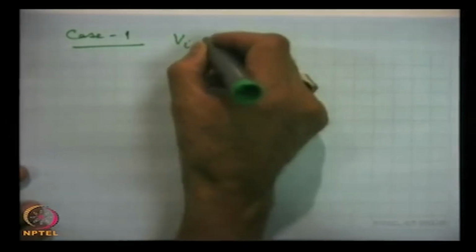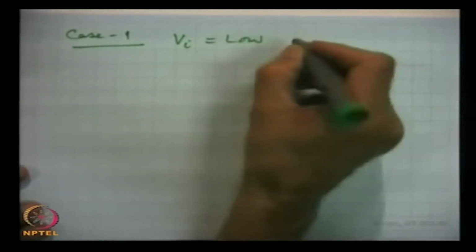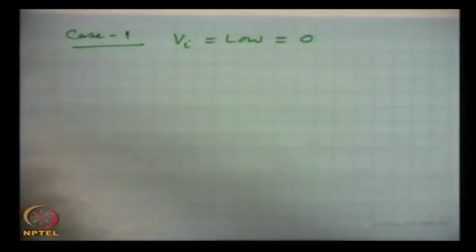Now, the two cases we can discuss. Case 1: when input is low, that is Vi is low, so this is 0 volt. You will have to keep this circuit in mind.